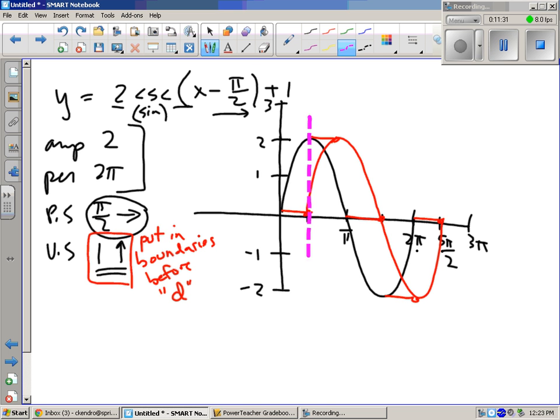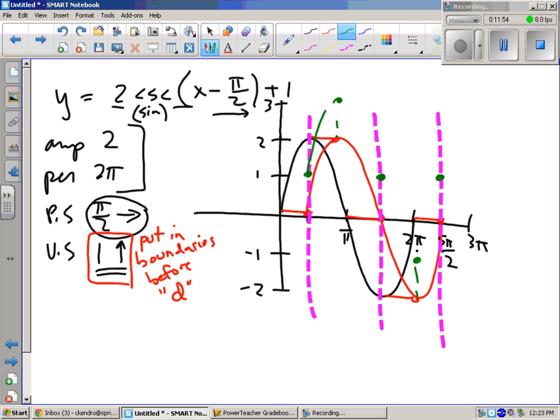Look at that, I get automatic dotted lines. This is such a smart board. All right, and then I'm going to move it up 1. So I'm going to do that in green. So all these red dots move up 1. This one's going to move up to here. This one up to here. This one to here. And this one here. So then I'm going to draw those through there.